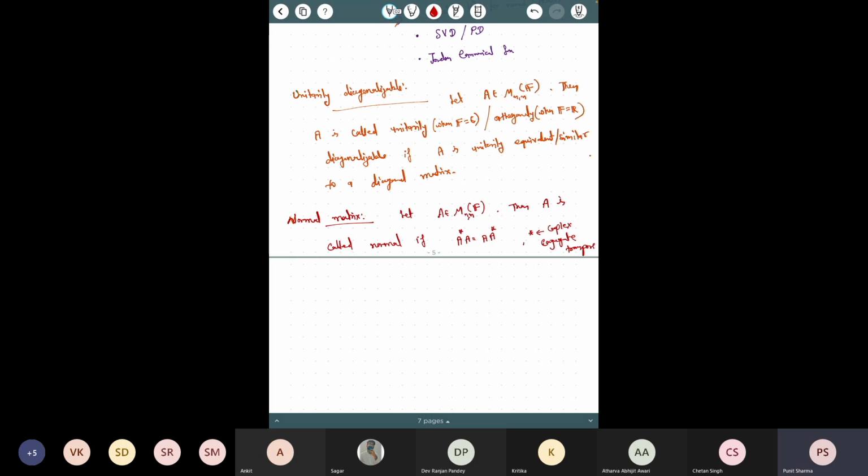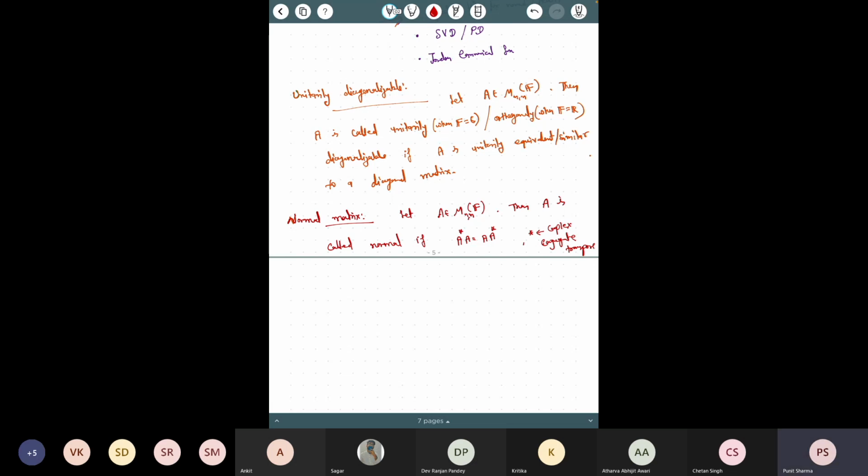If A satisfies this equation, then A is called normal. Now there are certain matrices which always belong to the class, or family, of normal matrices.